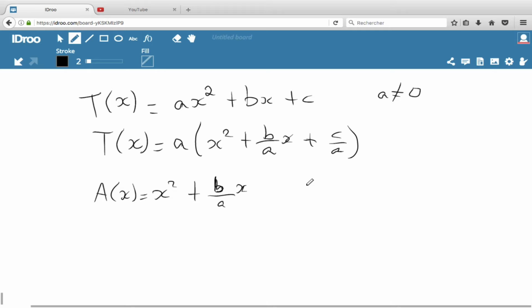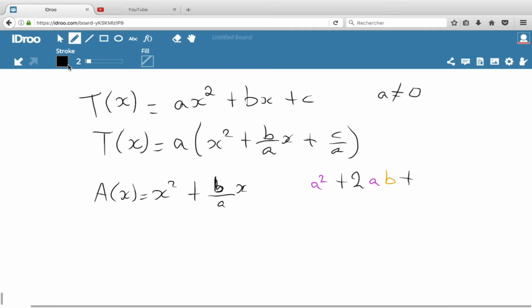And we want to look at the beginning of a squared plus 2 times a times b. That's what we want to see.